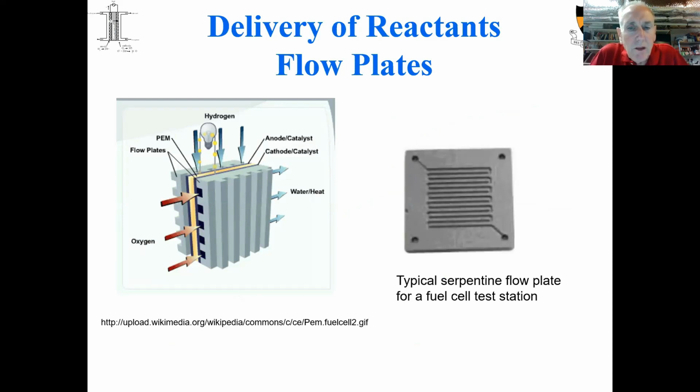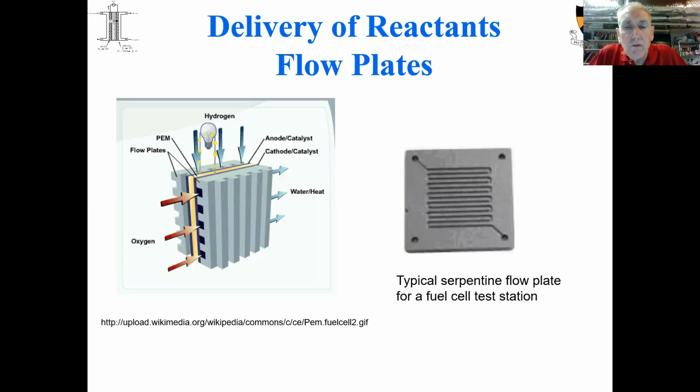Fuel cells are equipped with what are called bipolar plates, in which you have to distribute the reactant feed across the area of a fuel cell. And the typical bipolar plates have been using a serpentine flow design.